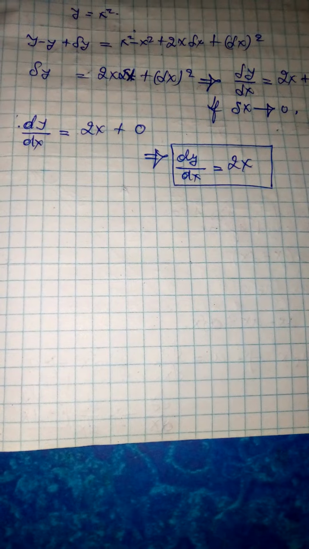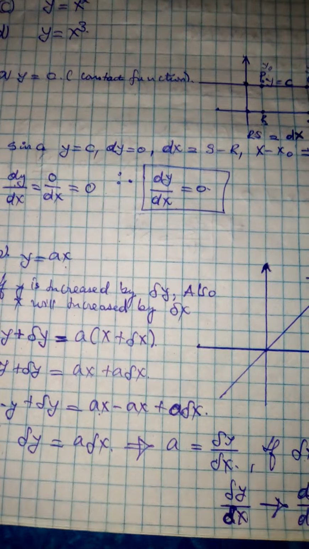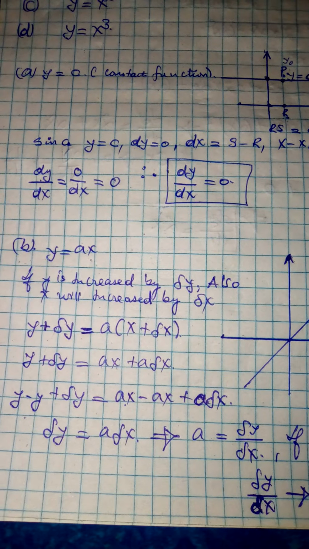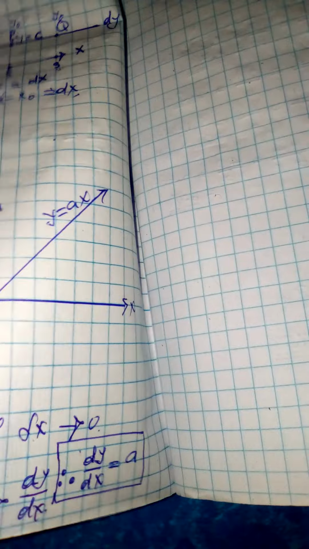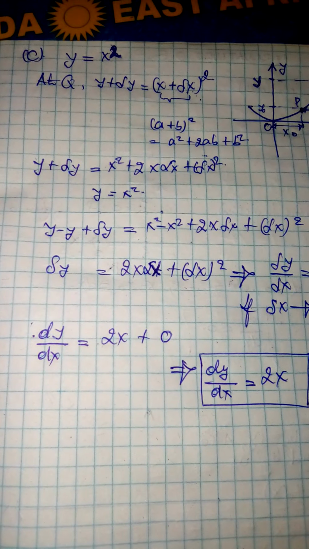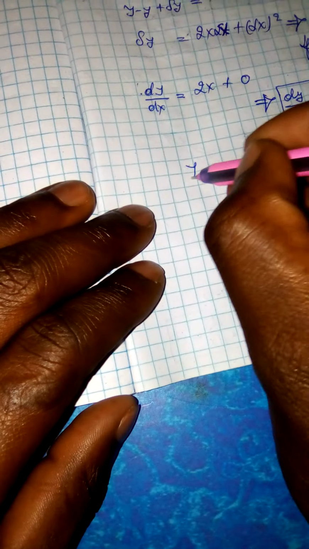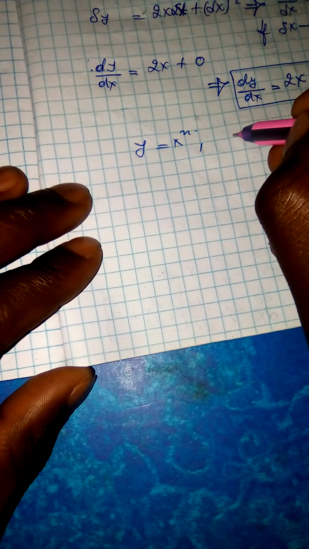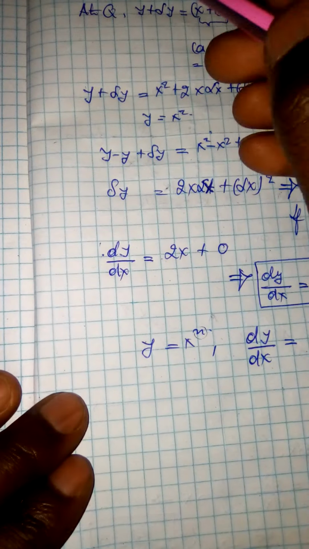So according to what we have seen from the demonstration of the first one, where y equals ax, and according to this one C, where y equals x power 2, we have seen that for any value of y, if y equals x power n, this means that dy over dx would be equal to n, as you have taken 2 here, then times x power n minus 1.